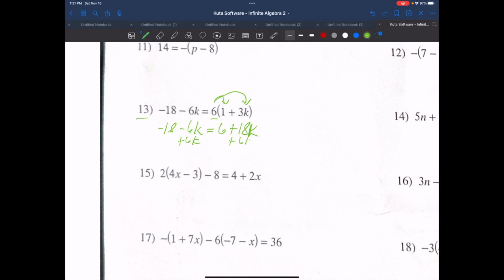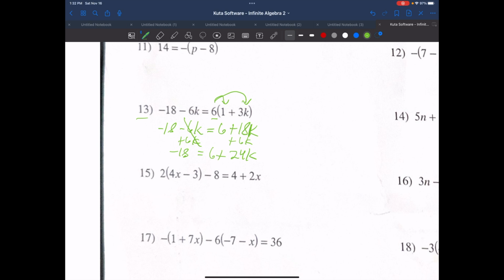I'm sorry, k. K is a variable. All right, and we're going to end up getting rid of that. It'll go to 0. I'll bring down my negative 18 is equal to 6. And then it's going to be 18 plus 6, which is 24. Is that right? Yeah, that's right. 24k.